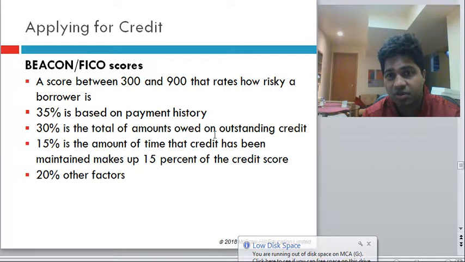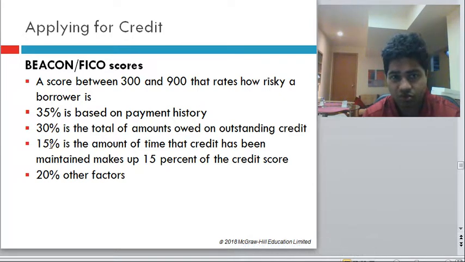30% is based on the amount owed on outstanding credit. Then 15% is the time that credit has been maintained, and 20% on other factors. So if you want to improve your credit score, you have to make your payments on time always. Second thing, and this is tricky, you have to have credit.